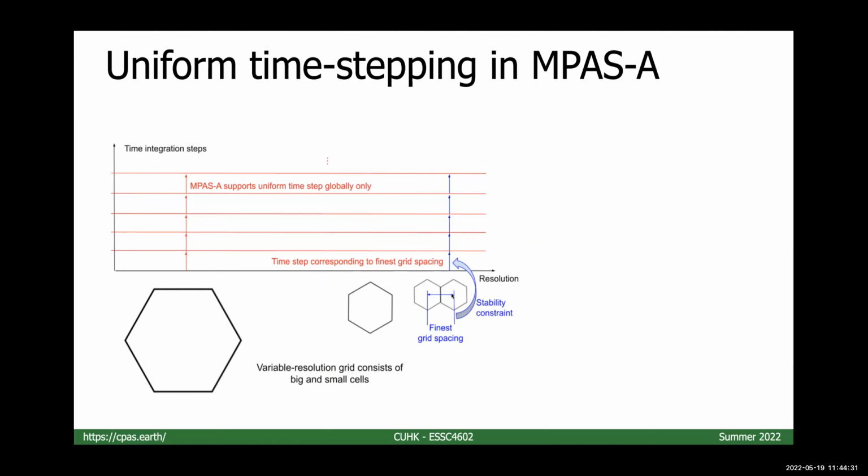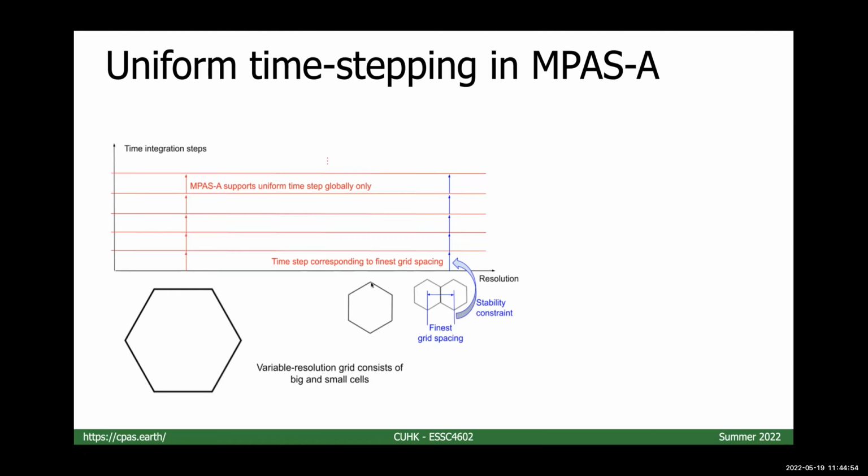You need to take this short distance, express it in km, multiply it by the factor 6 seconds per km, and that results in a short time step. And the software only supports using the same time step, no matter whether the cell is small or big.